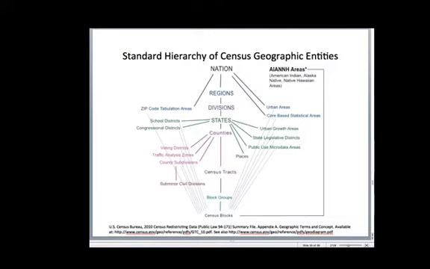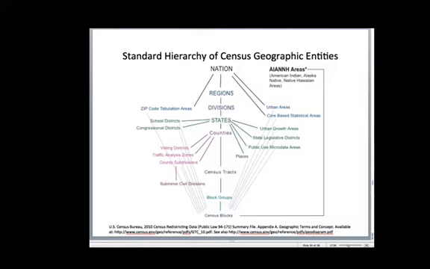Then census tracts are listed next. Those are a subset of counties themselves, or defined within counties, and then those in turn can be divided further into block groups and census blocks. You'll notice there are other ways in which geography can be defined.